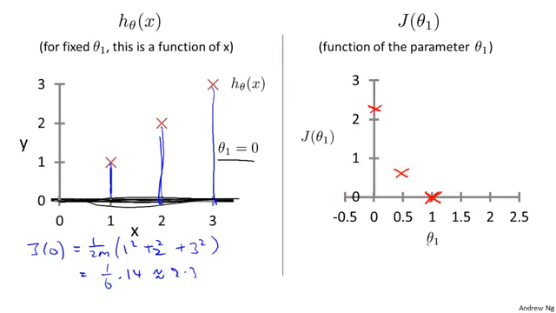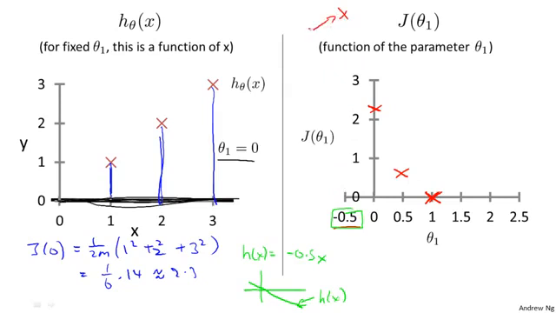And of course, we can keep on doing this for other values of theta 1. It turns out that you can have negative values of theta 1 as well. So if theta 1 is minus 0.5, then h of x would be equal to minus 0.5 times x, right? And so that corresponds to a hypothesis with a slope of negative 0.5. And you can actually keep on computing these errors. This turns out to be a really high error.